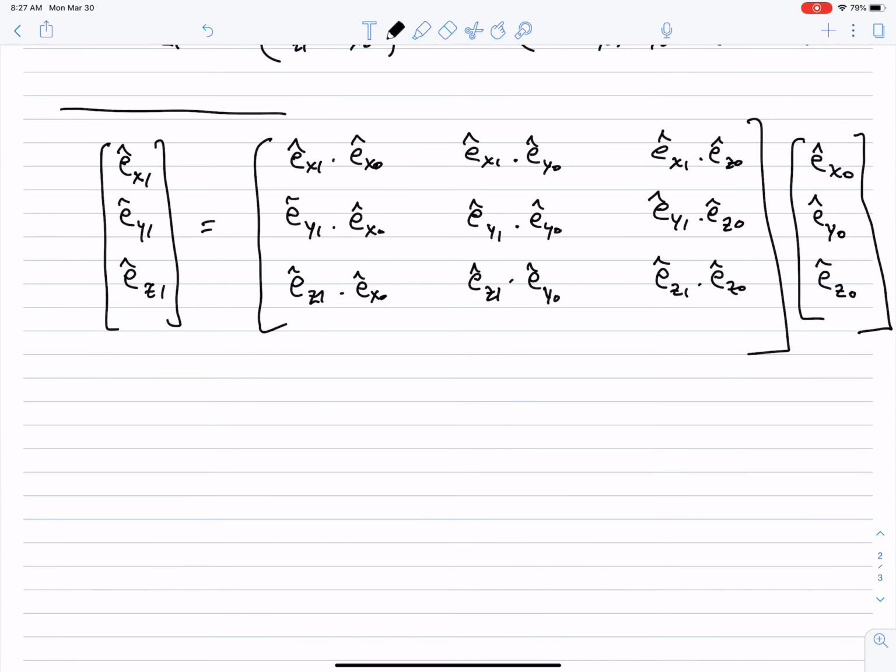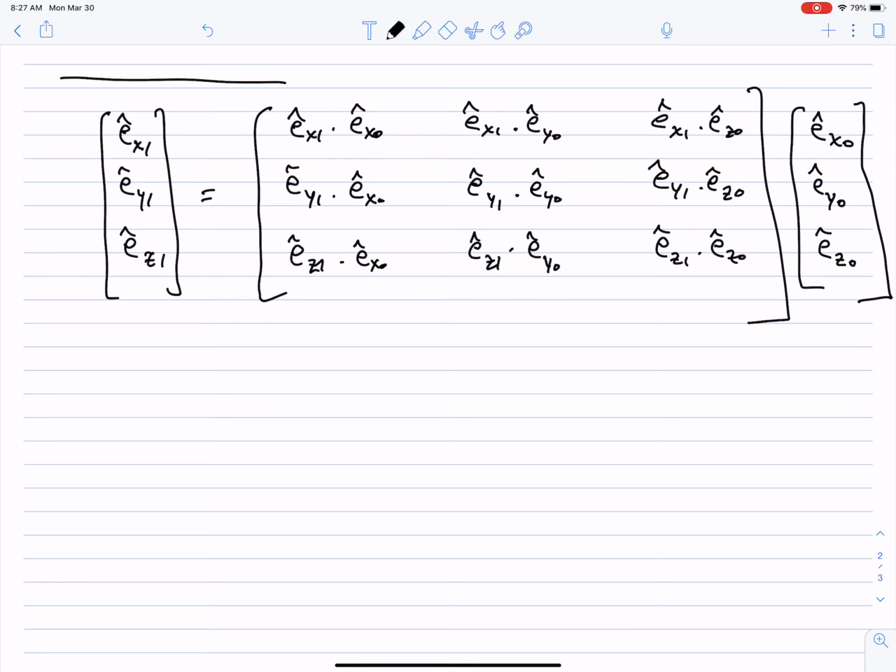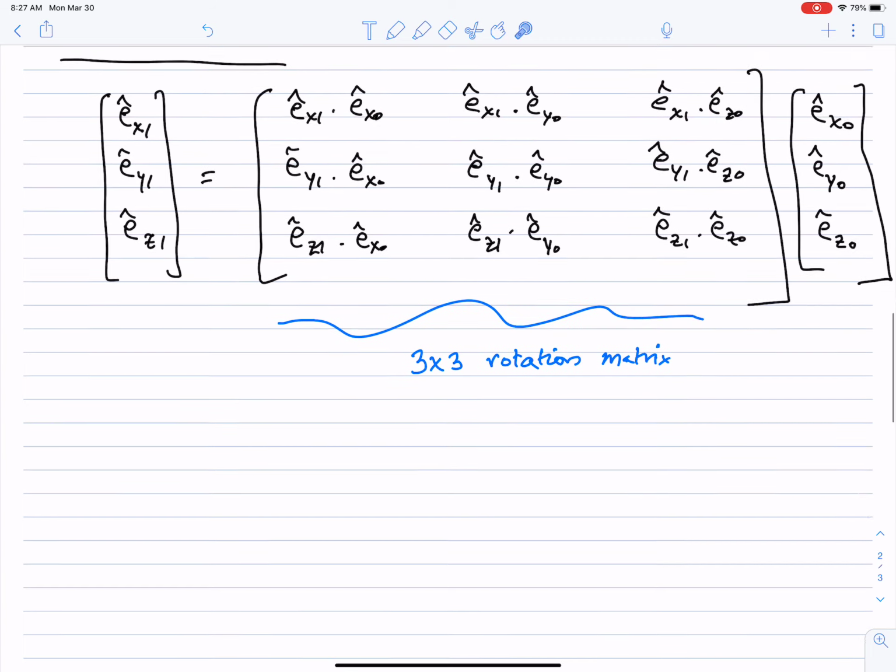Okay. So this is the rotation matrix now. It's a 3 by 3 rotation matrix, where each of these is a scalar, a dot product gives you a scalar.